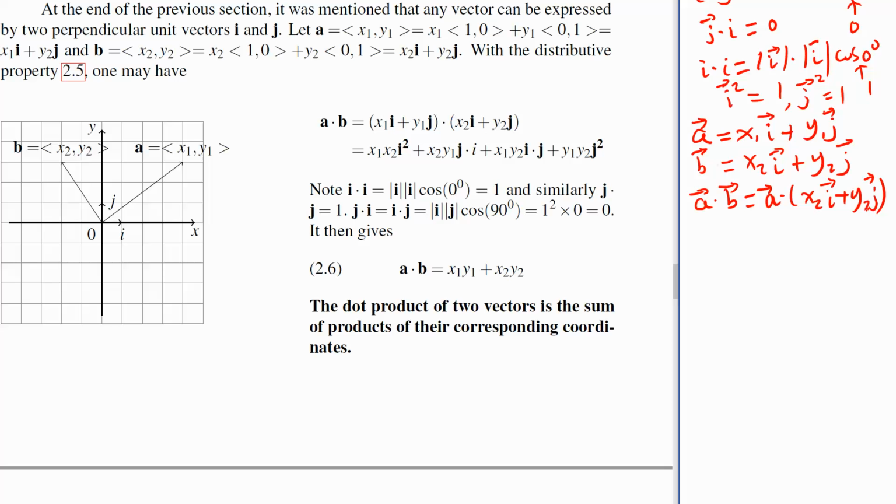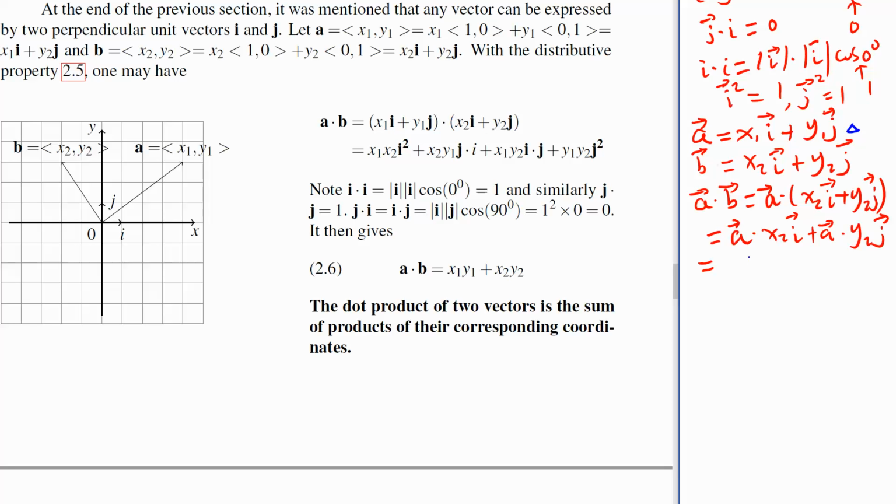Okay. So what do we have? What we have is this vector A can be distributed to x2 I and then to y2 J. And then recall what is our A. A is the one right here. This is our vector A. Okay.